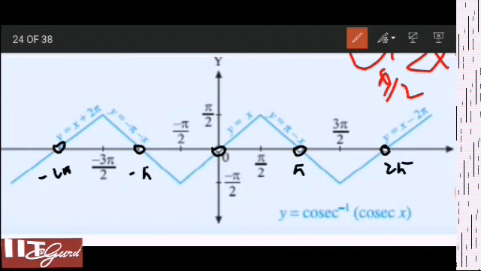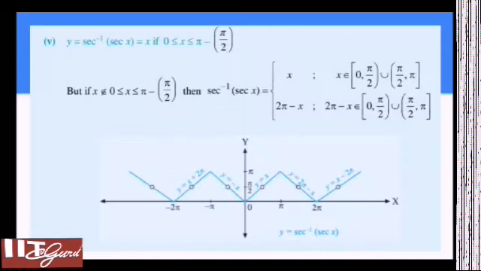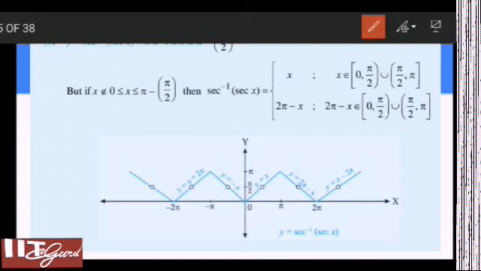And similarly for sec inverse, now you see the graph of sec inverse sec x. Sec inverse sec x is also x when x lies between 0 to pi by 2 union pi by 2 to pi.